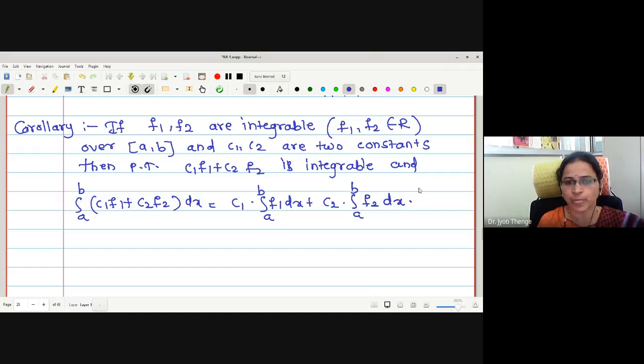I think all of us have used this previous statement before, no? Somewhere in 12th standard also. That is, integration of a linear combination is the linear combination of the corresponding integrations of the functions.